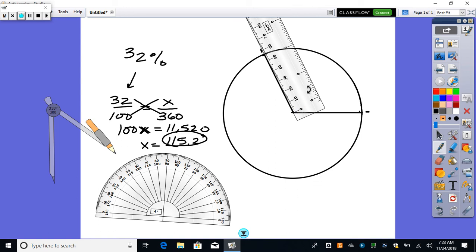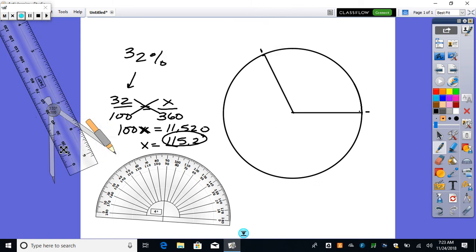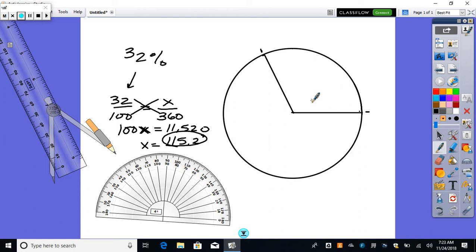A lot of times maybe you'll shade in that area. Okay, but this right here is 32% of your graph. If you think of 180 degrees being 50%, it makes sense that that would be 32, right? About 60% of that half graph. And again, that's equal to 115 degrees.